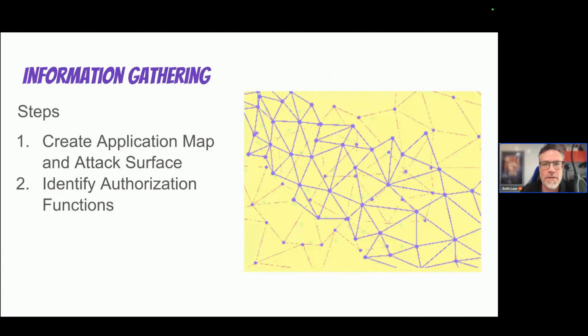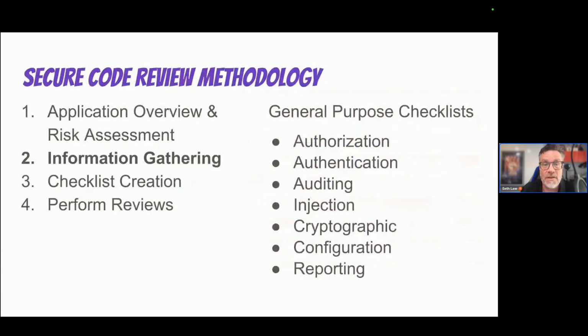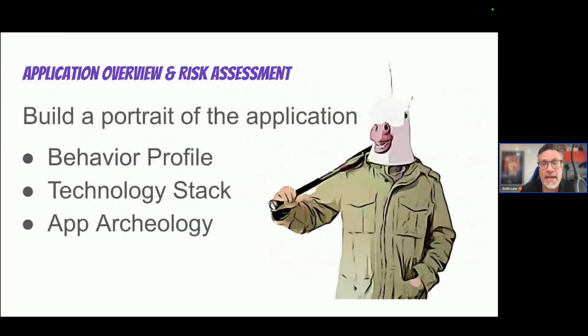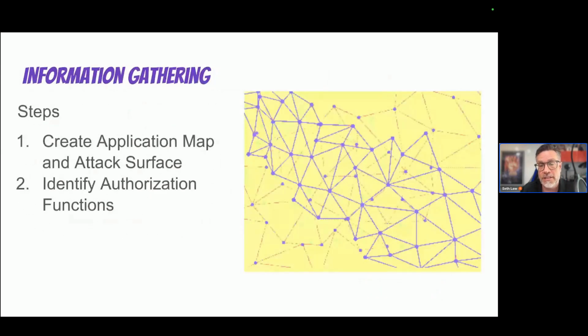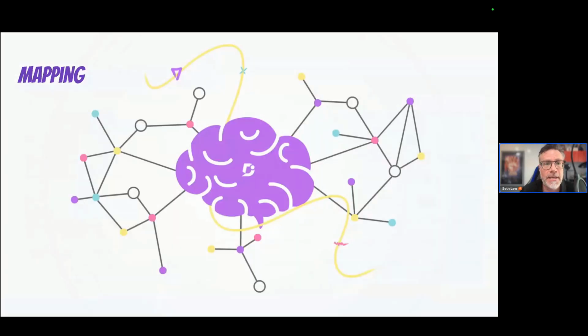This is something we do with every application, and it's going to depend on how that application is built. We have to understand what that behavior and technology stack looks like in order to build out what those authorization functions are. A mobile application has a much different access control mechanism than a web application, but we can still apply the secure code review process to either of those, as long as we identify these different pieces. So we're going to map out the application there.